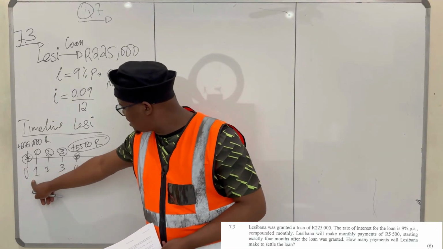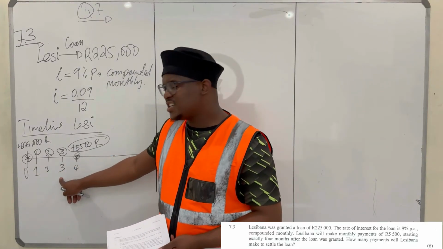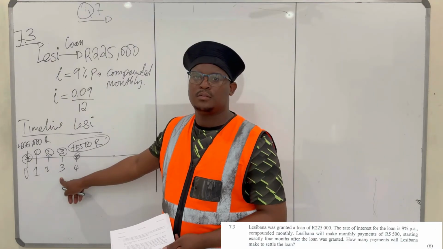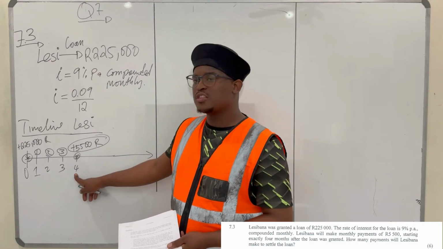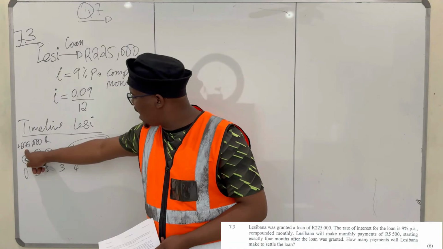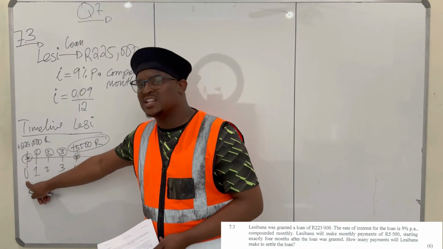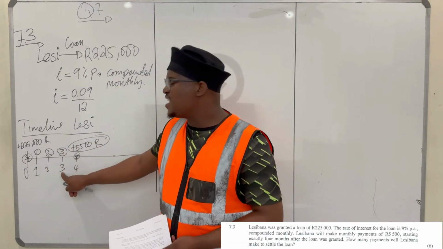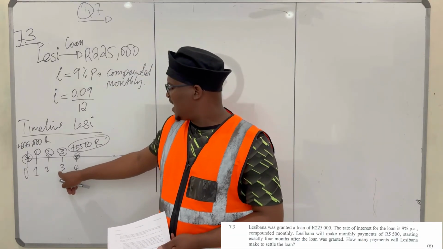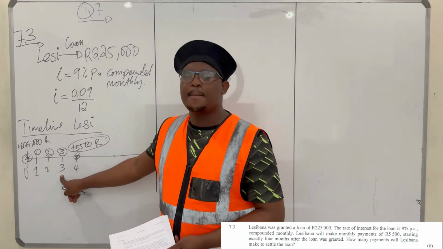Because she missed this payment, she missed this payment, and she missed this one as well. Then she started paying on the 4th month. So that's fine. We know her balance on the loan is 225,000 at the beginning. Let's find the balance at the end of 3 months.